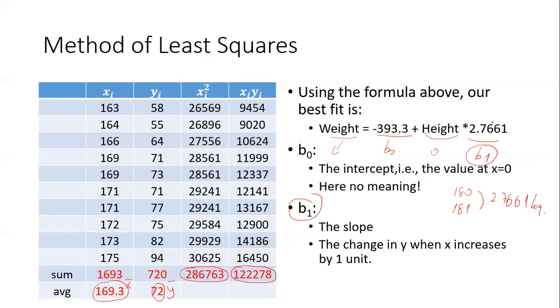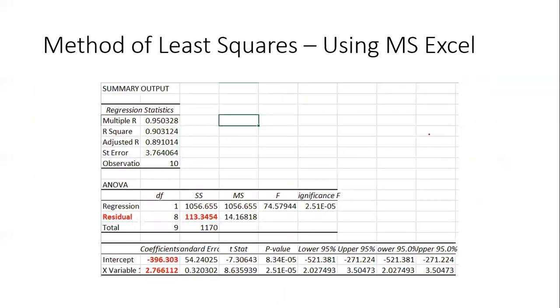So what does this mean? This shows the change in the weight of a guy per 1 centimeter. Right? So this is a clear meaning, a very important meaning, and it just shows the sensitivity between the response variable or the dependent variable and the independent variable.